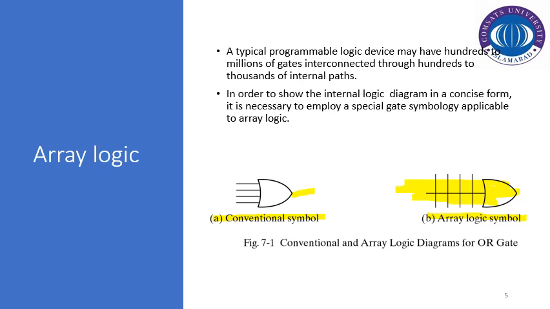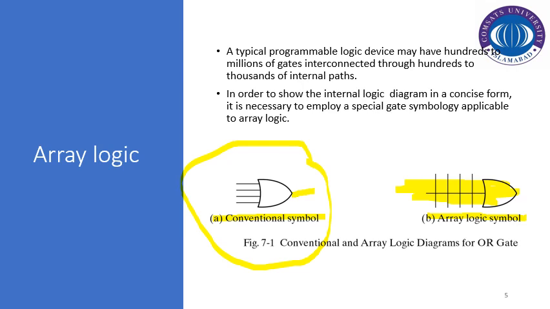And normally in programmable logic devices, there are millions of gates that are interconnected with some internal paths or interconnections. So we need a concise diagram to represent those connections, and those representations cannot be represented by the conventional symbology. So we have to switch to the array logic in order to represent those sorts of operations.